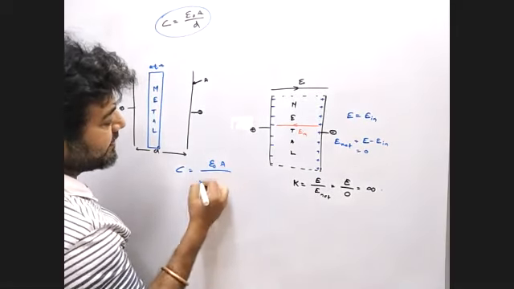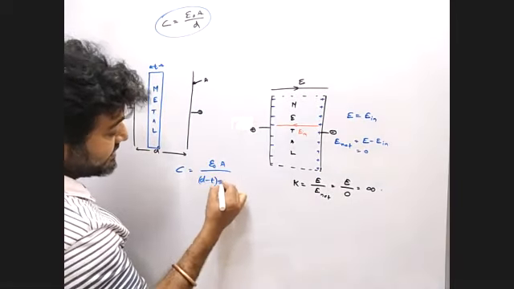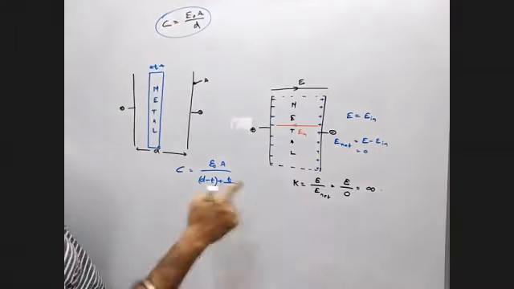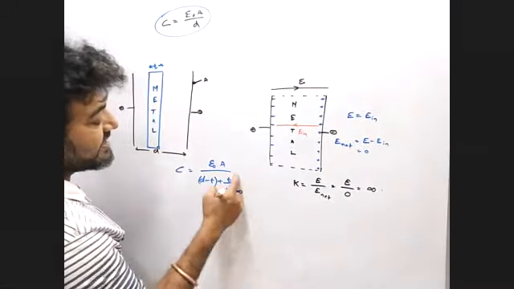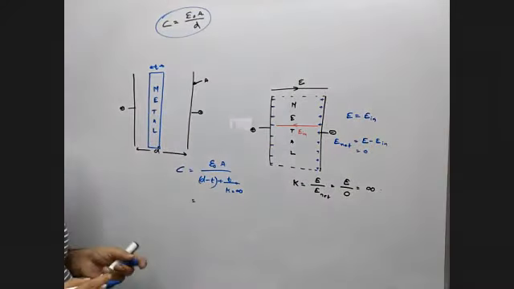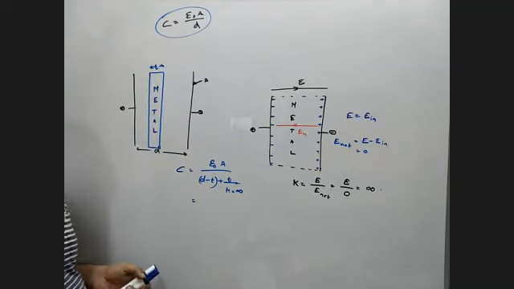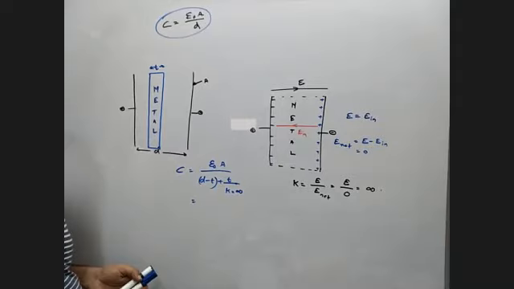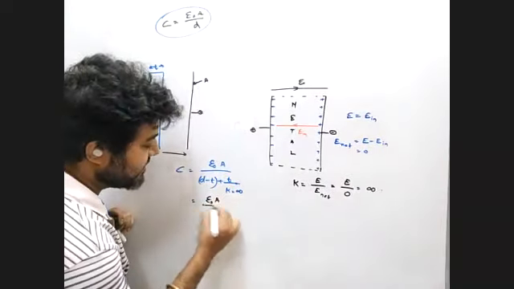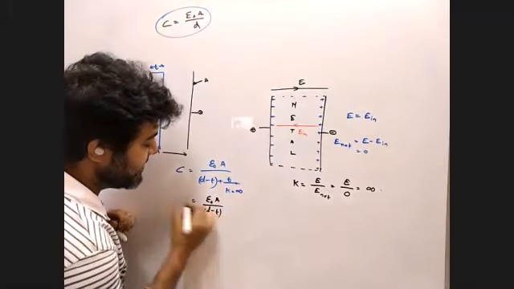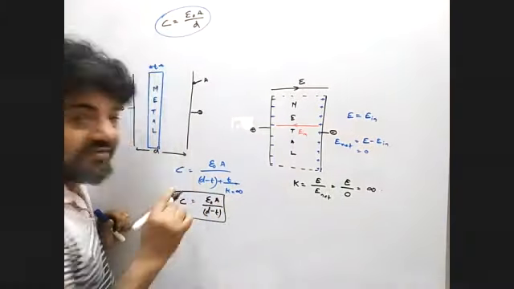Epsilon naught A by D minus T plus T by K, and here the K for metal is infinity. So anyone tell me, something by infinity is how much? Something by infinity is 0. So your capacitance is epsilon naught A by D minus T. Everyone, is it okay?